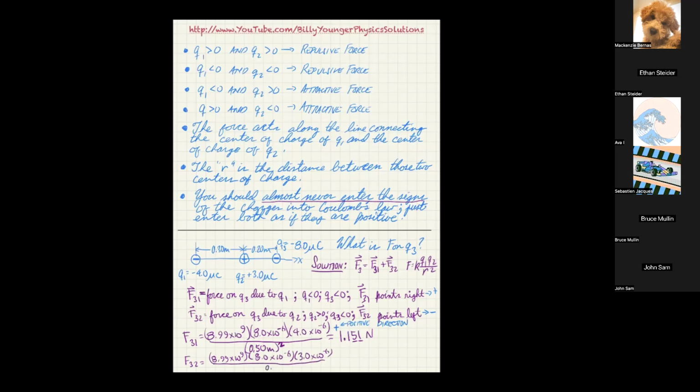They're only a distance of 0.20 meters, and that's going to be squared, of course. So in this case, I get 8.99 e to the 9 times 8 e to the negative 6 times 3 e to the negative 6. And now I'm going to divide all that by parenthesis 0.2 squared, close parenthesis.